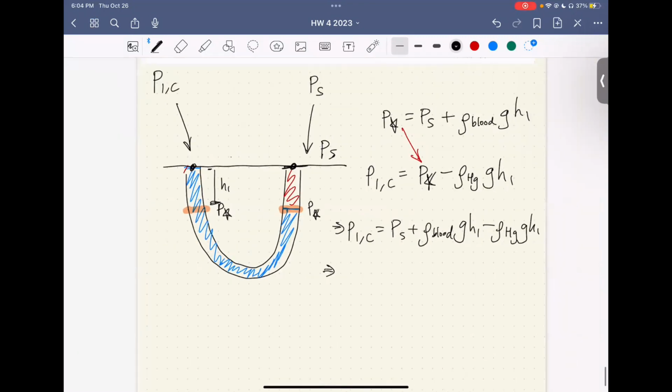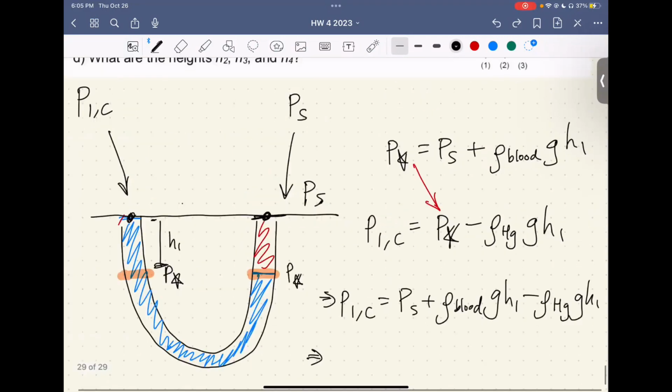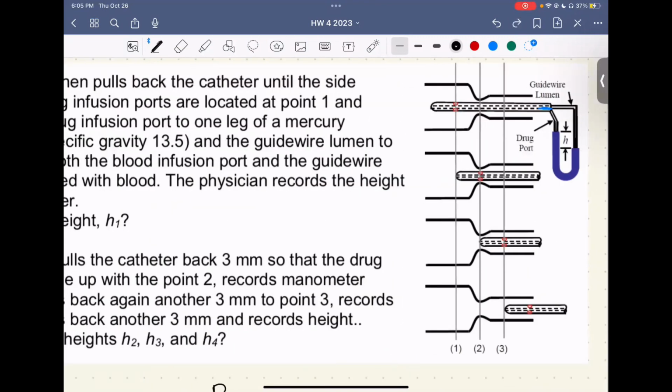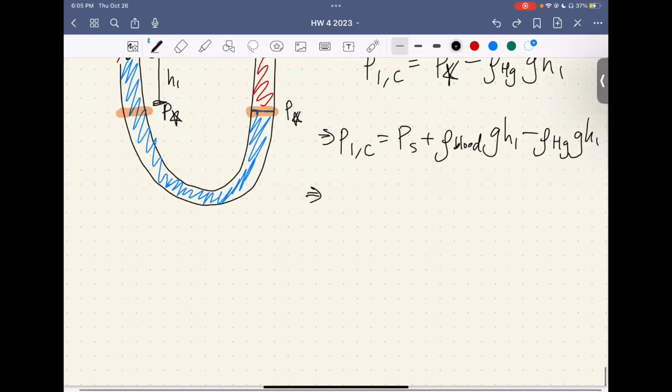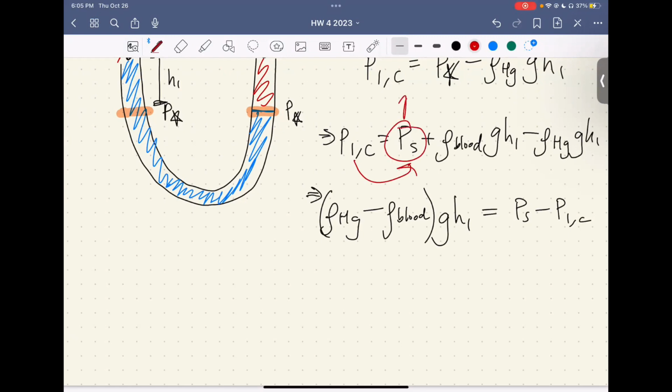We also know that PS is going to be larger than P1C, because it's pushing down more on this mercury. It's not necessary, but I'm going to rearrange it so it looks a little nicer. So rho Hg minus rho blood, I'm just pulling out the rhos, times G H1, is equal to PS minus P1C. I moved this to the other side because I know stagnation is going to be larger.